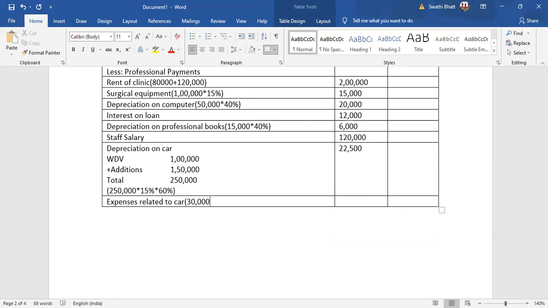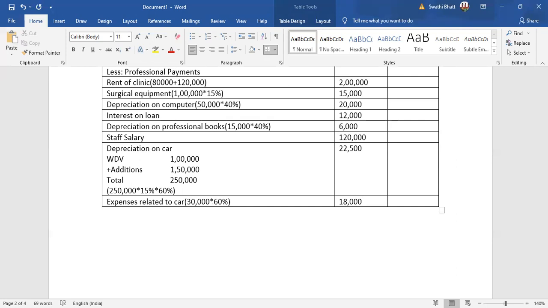So whatever deduction we are showing, only that amount which is related to the profession needs to be deducted, not the entire 100%. Only 60% is used for profession. So we will be deducting only 60% of this amount, which is 18,000.